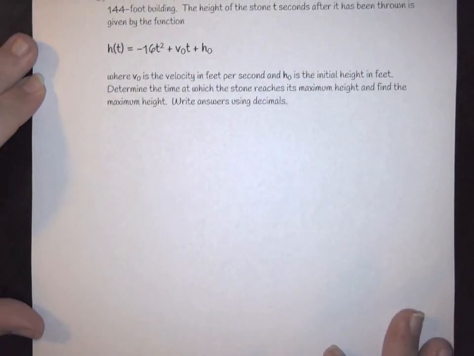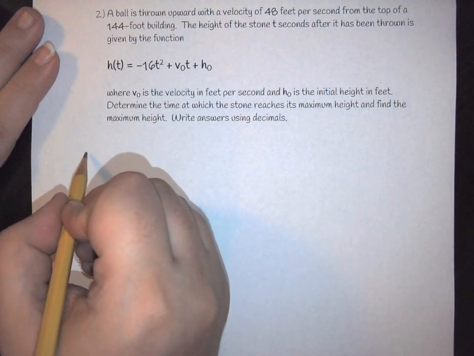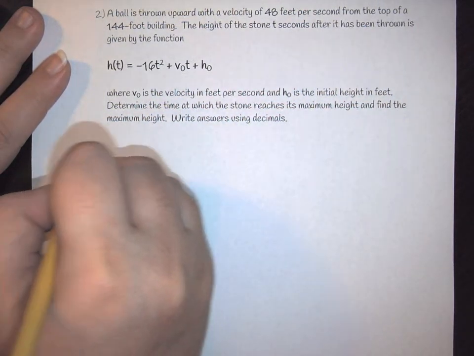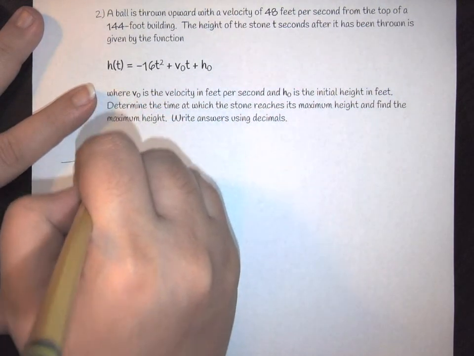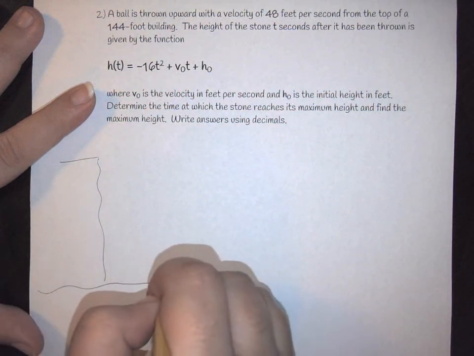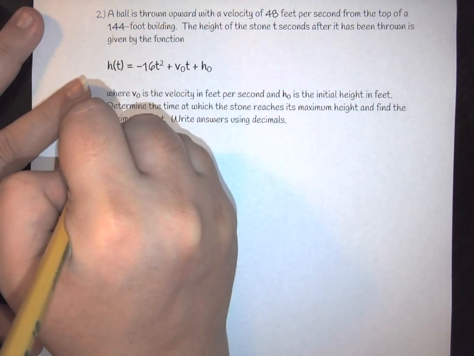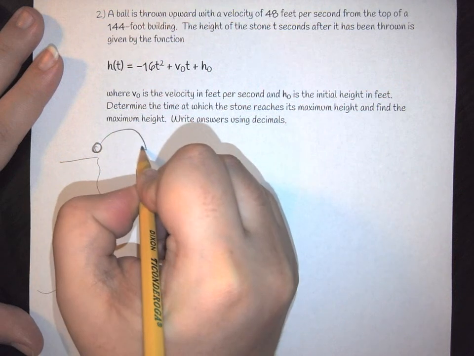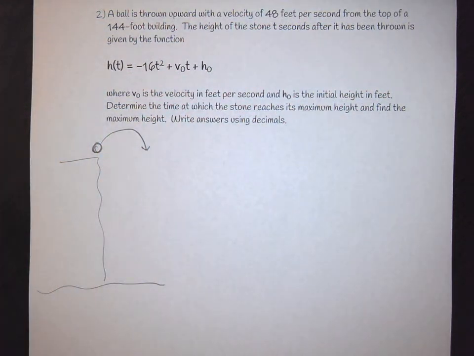So if we look at an image of what we're doing, we've got this building here. We are standing up on the top and we are tossing a ball off. Okay, so that's essentially what is happening.